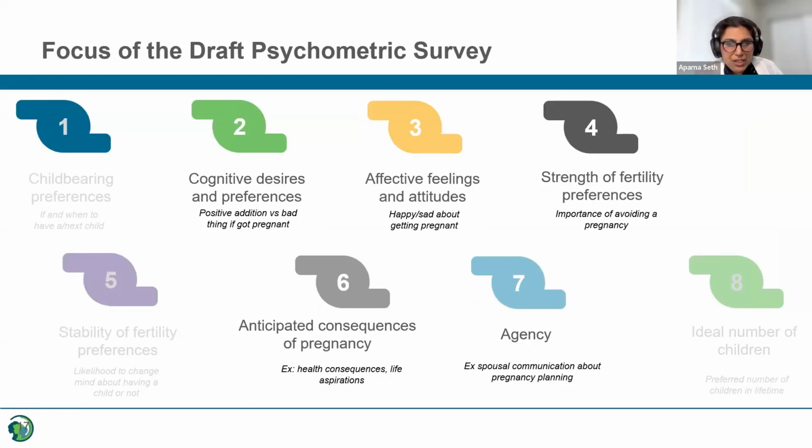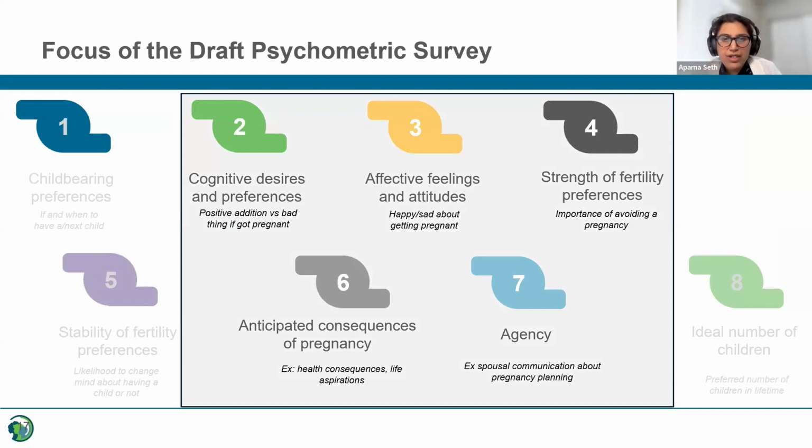So based on this feedback, we ended up narrowing our draft psychometric survey on these 5 constructs included here in the middle: cognitive desires and preferences, affective feelings and attitude, strength, anticipated consequences, and number 7 on agency.